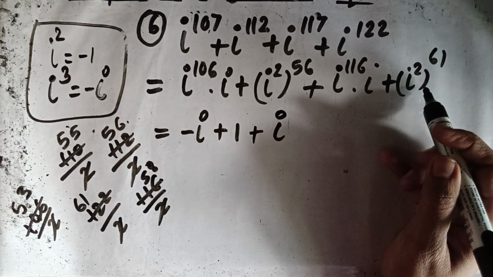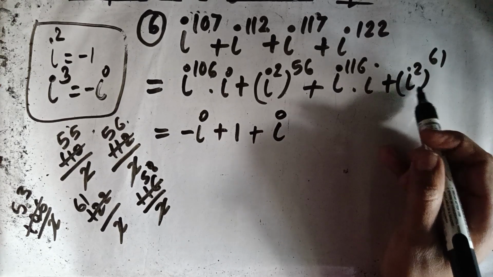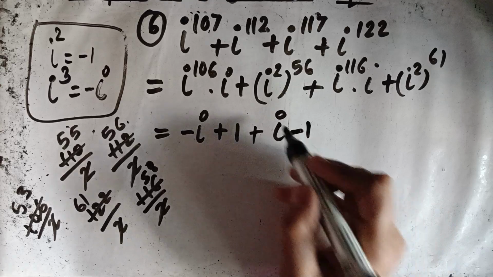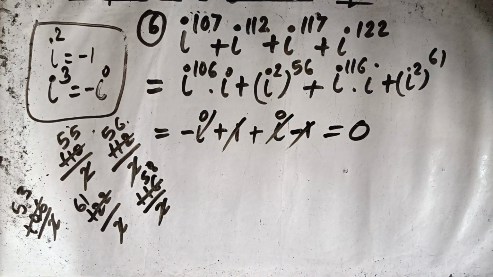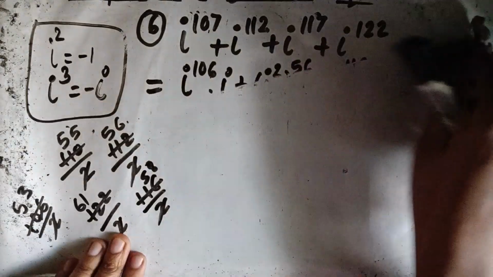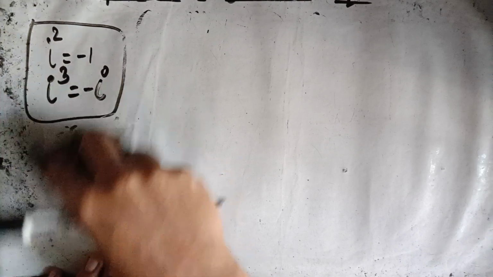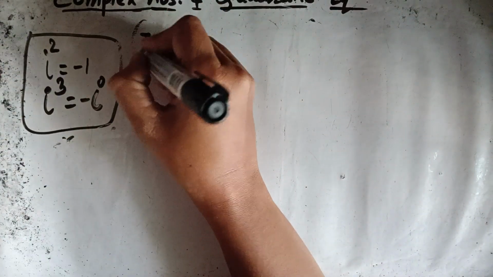What about this? Odd number. So this is minus 1. So this is also 0. Next one.